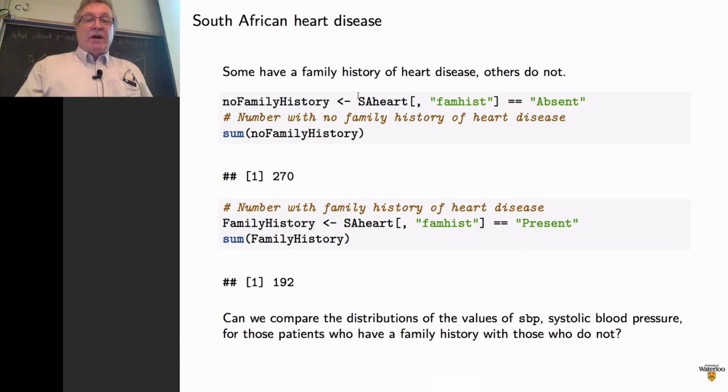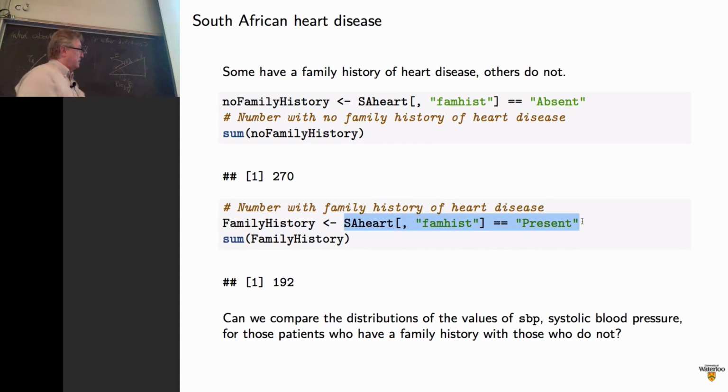Simply find those who have no family history of heart disease, put that into one vector, of which there are 270 people in this data set. And similarly, those that do have a family history, set those aside, and there are 192 of those.